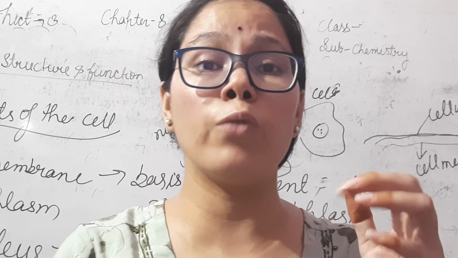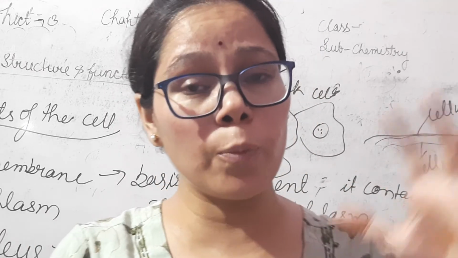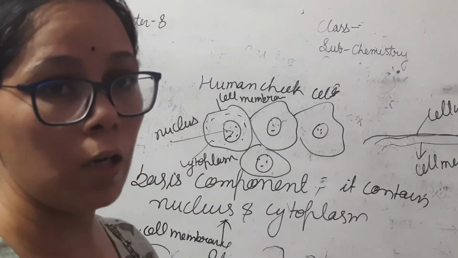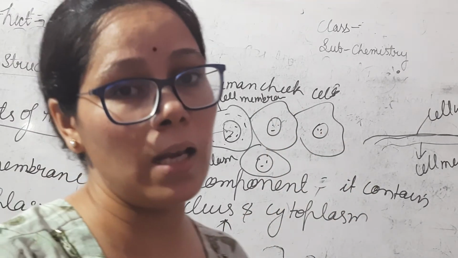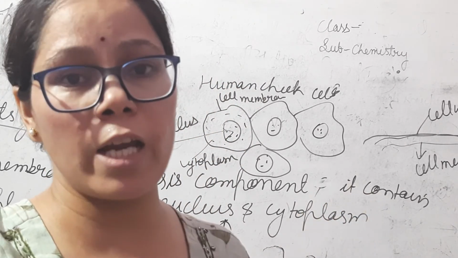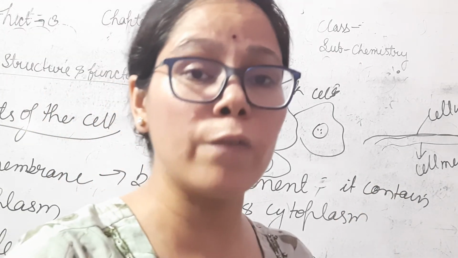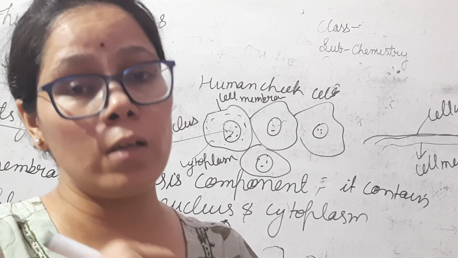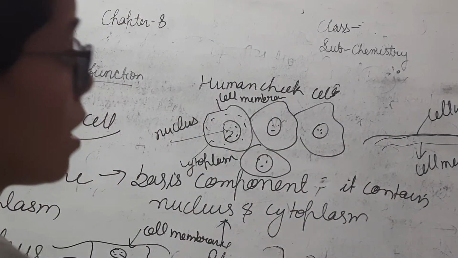It helps in various situations like high-speed wind and temperature, and it provides strength to the cell. So plants need the cell wall for protection from high temperature and high wind speed. If the cell wall is not present in the plants, the plants break down and die. So this is cell wall.